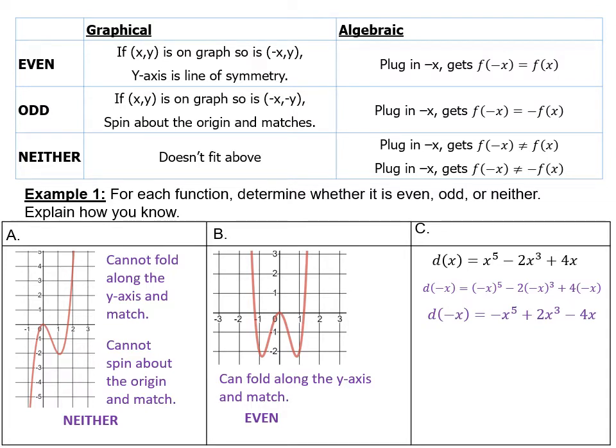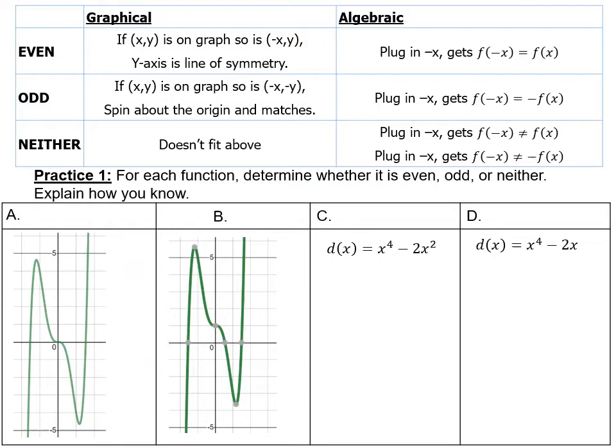So if I pull out a negative 1 from everybody, I get the original. So this is negative 1 times the original function. That makes it odd. Now go ahead and practice it on your own and pause the video. And when you're done, move on to the next piece.